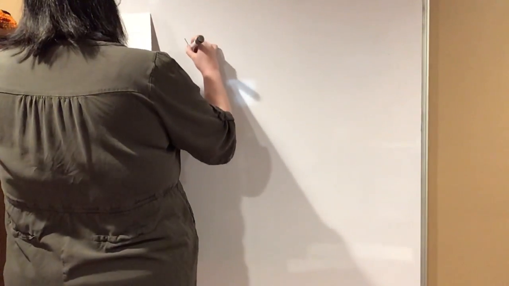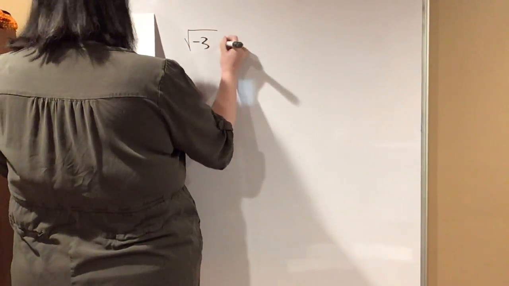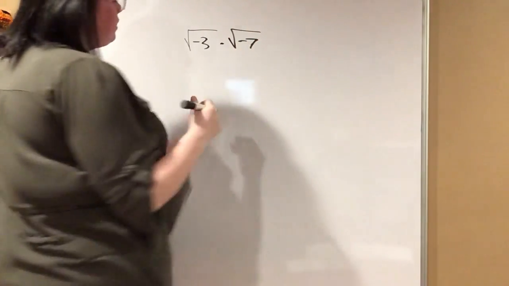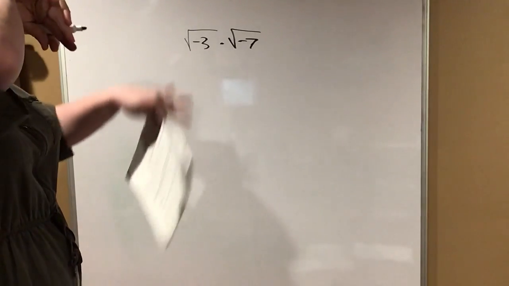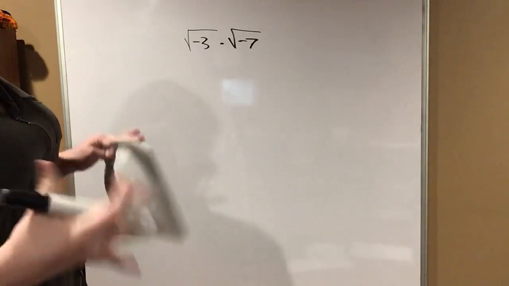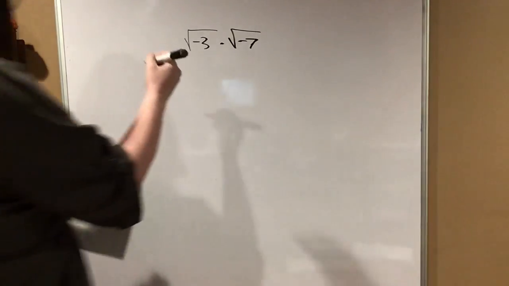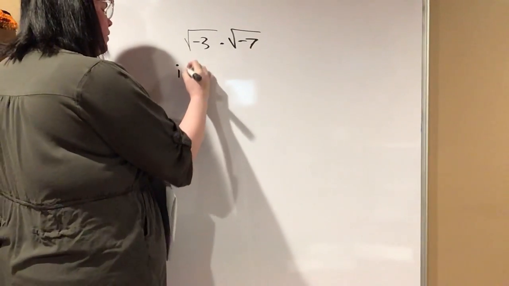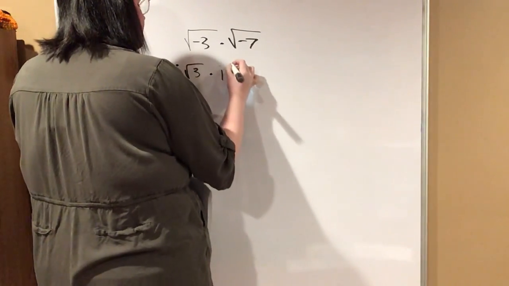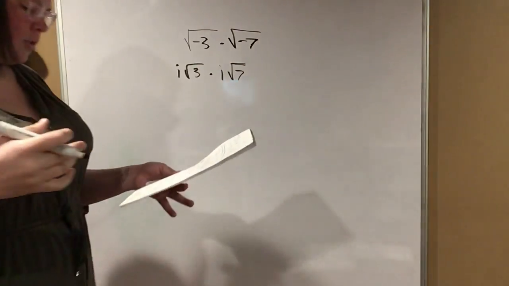So if I'm given something like this, the square root of negative 3 times the square root of negative 7, I need to pull out the i's. So now I have i square root 3 times i square root 7. And now we just use our regular multiplication skills.